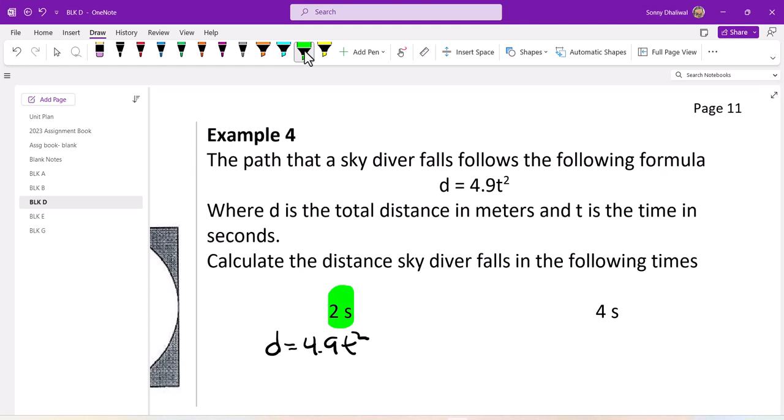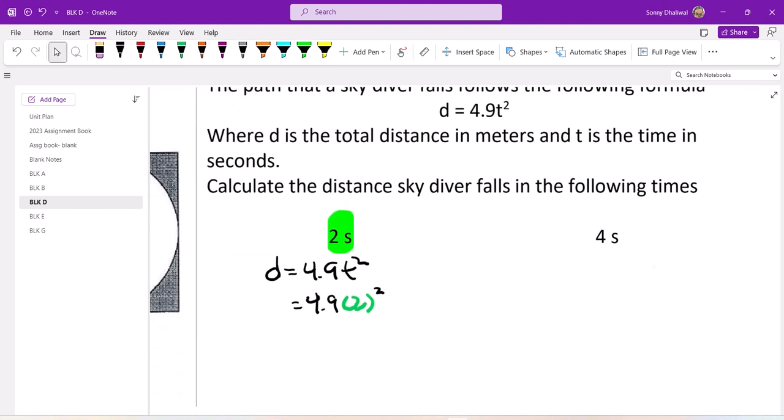Now, it only has one of 2 spots to go in. It can either go in for the D or it can go in for T. T stands for time. 2s is 2 seconds. So where we see T, we just replace it with the number 2. So we have 4.9, instead of T, I'm going to put the number 2 in, squared. That's it.